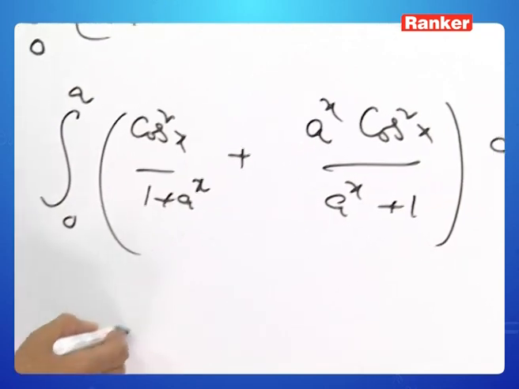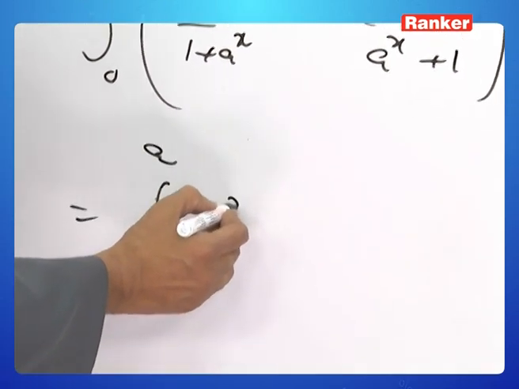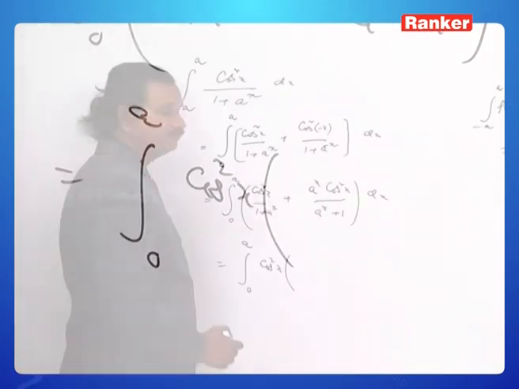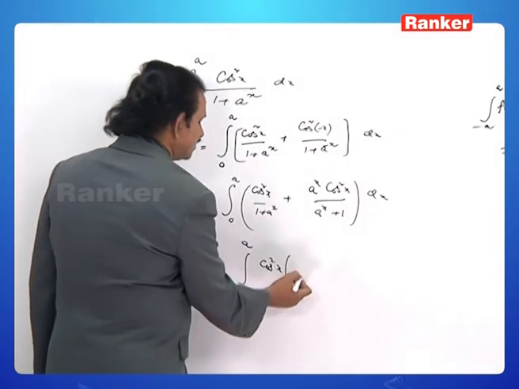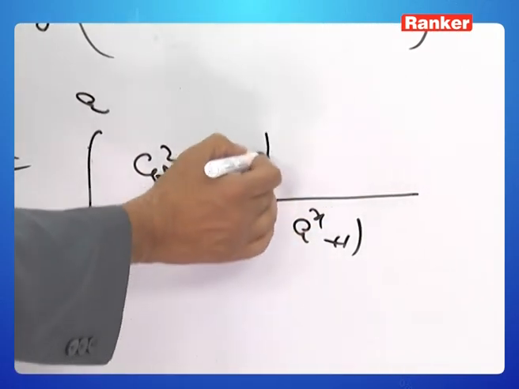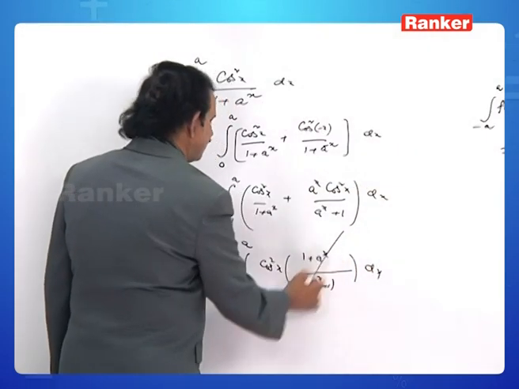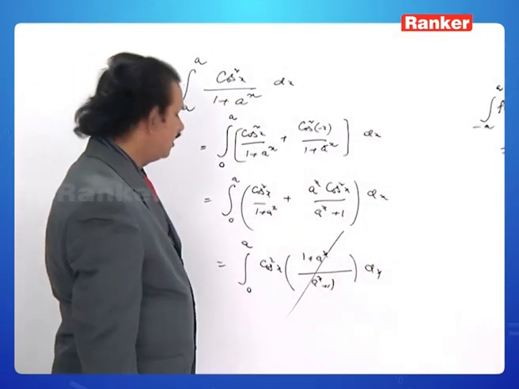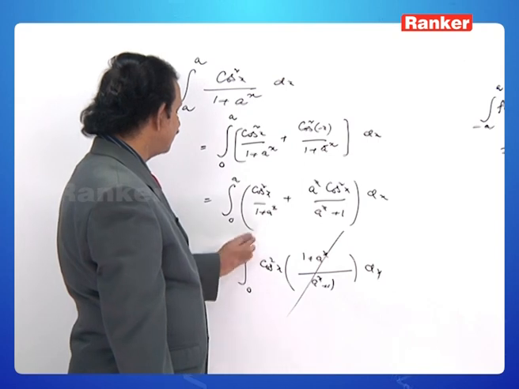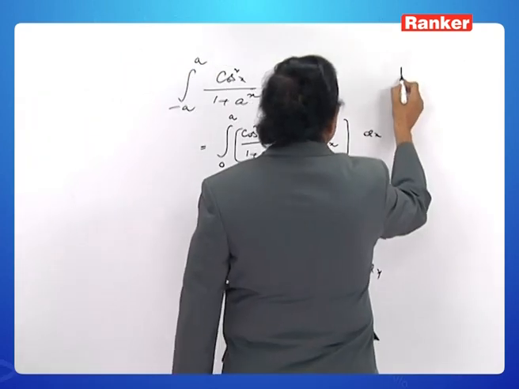Good. This is integral 0 to a. You pull cos square x out. LCM is a power x plus 1. Numerator is 1 plus a power x. What is happening? These two can be cancelled, leaving you integral 0 to a cos square x.